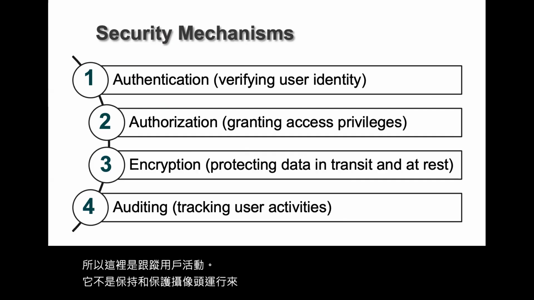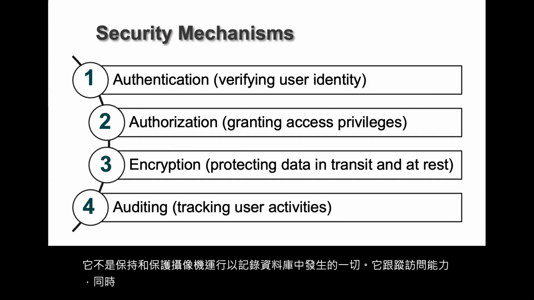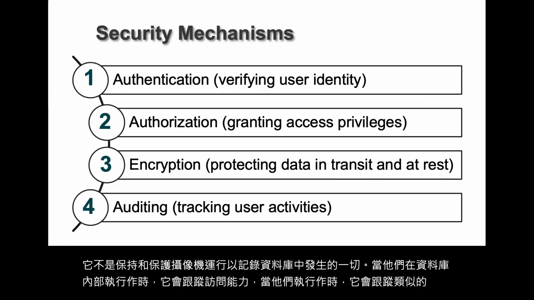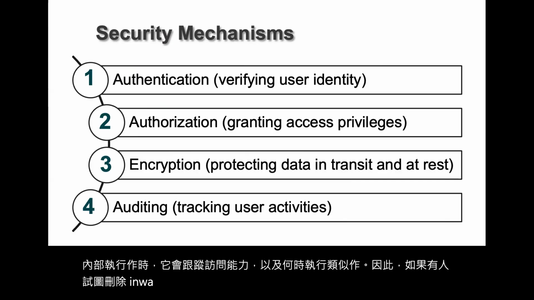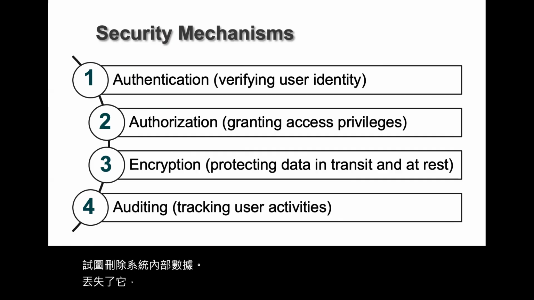It tracks who accessed the database, what they did inside the database, and when they did it, something like that. So if someone tries to delete the important data, the system logs it so the administrator can know who is the person who just deleted the important data. Okay, just something like that.